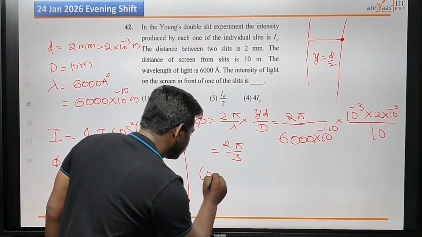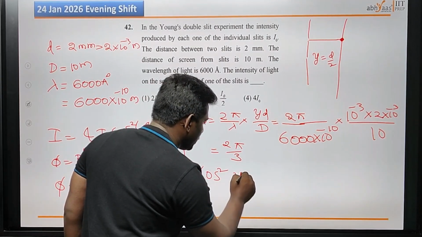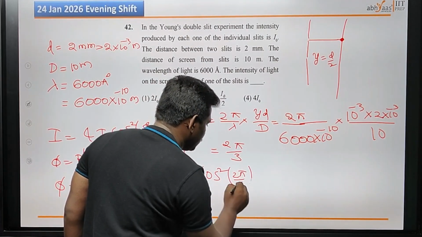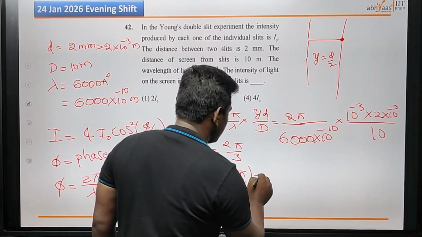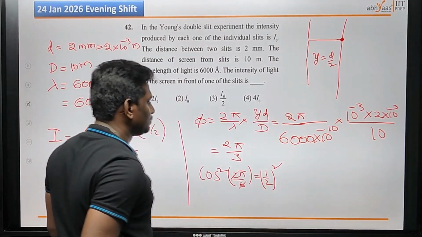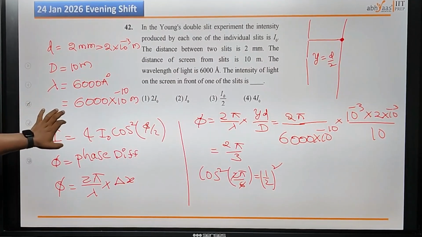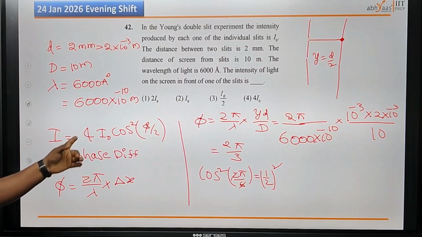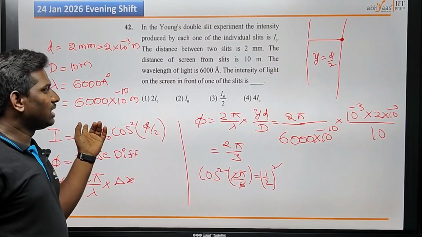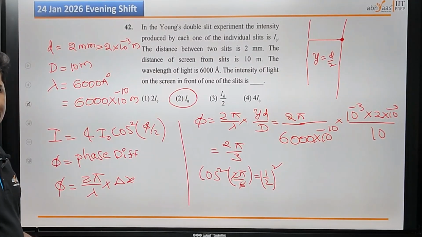So cos square of 2 pi by 6, that is nothing but pi by 3. Cos pi by 3 can be written as 1 by 2 whole square. So if you substitute in this equation, this 4 gets cancelled out. Then you are getting intensity as I naught. Option 2 is your answer.